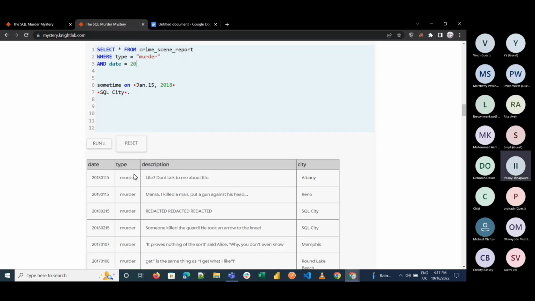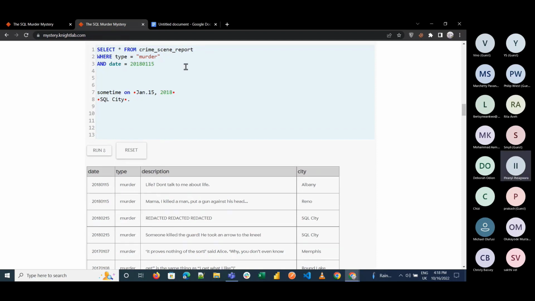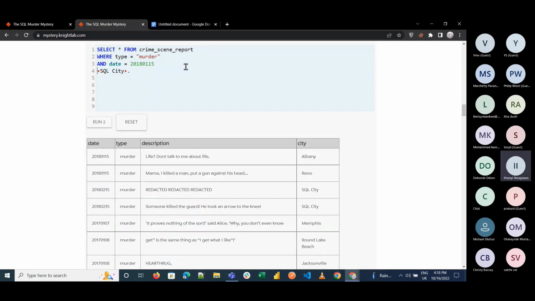We need to write it out the same way, so it's 2018, January, the 5th. And we also know that it took place in SQL City.